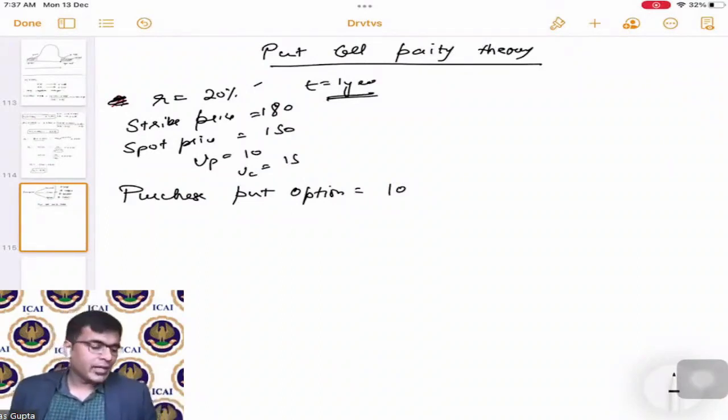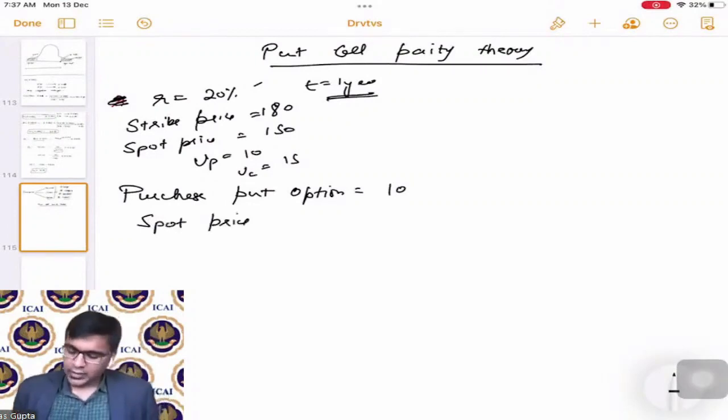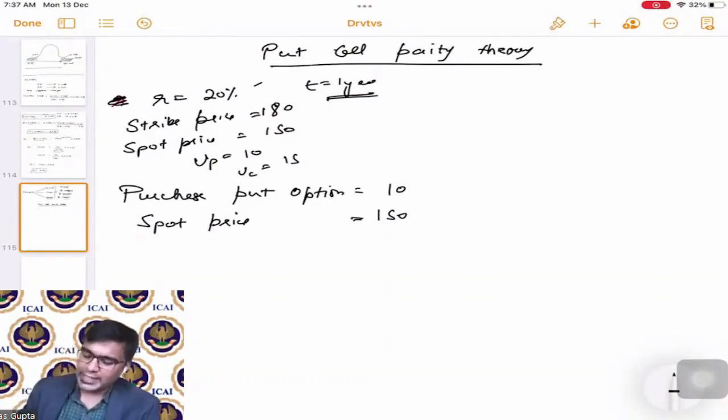Correct? So that means at the spot price, he has to purchase a share and keep it, at 150 rupees. So 150 rupees he will invest today, and 10 rupees he will invest in the put option: 150 for purchasing the share and 10 rupees for purchasing a put option.